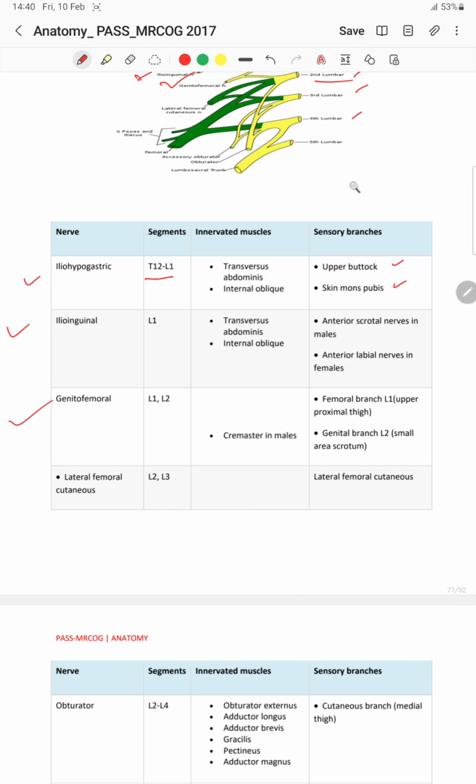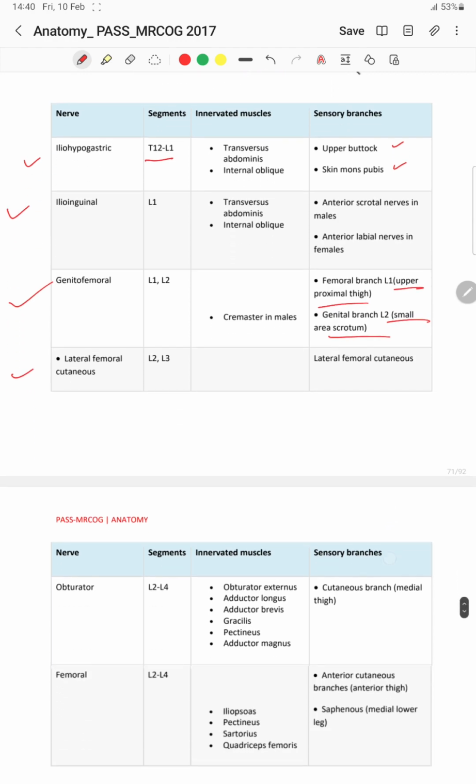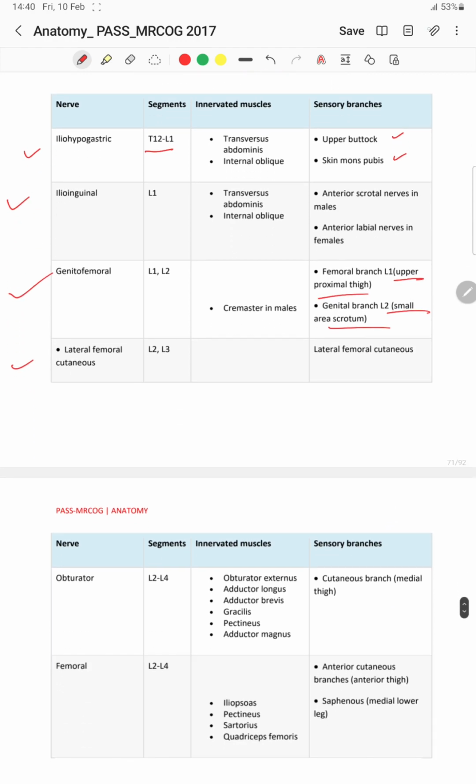It also has sensory branches: the femoral branch supplies the upper proximal thigh, and the genital branch supplies a small area of the scrotum. Then the lateral femoral cutaneous nerve, from L2 to L3, is a sensory nerve and supplies the lateral thigh.